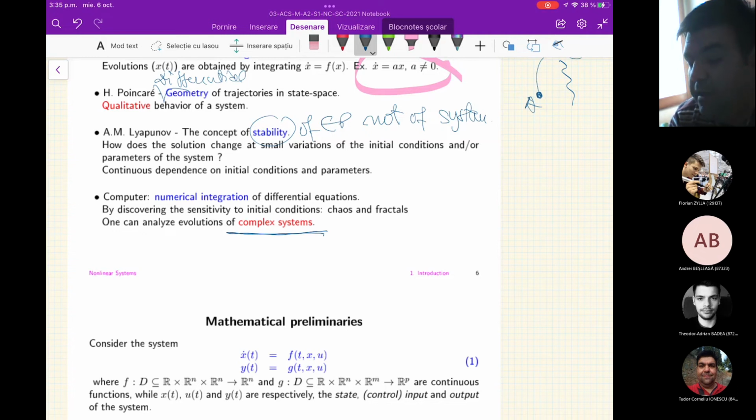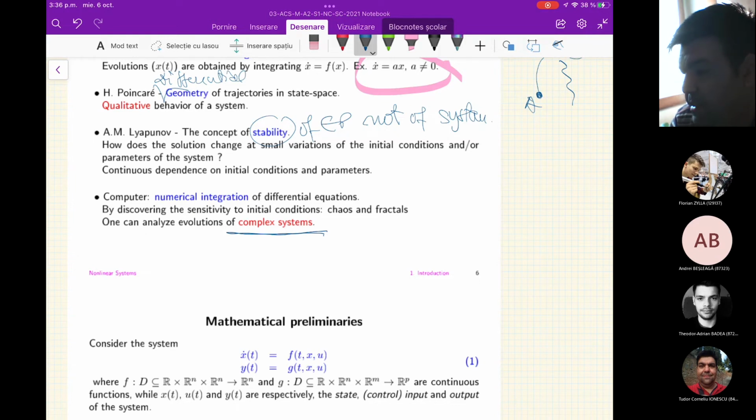For instance, we have in the lab, which we cannot access now due to COVID and the restrictions, a flying system. All these systems from the aviation industry are essentially nonlinear because they contain sines and cosines of angles. But usually in control, people linearize these things.